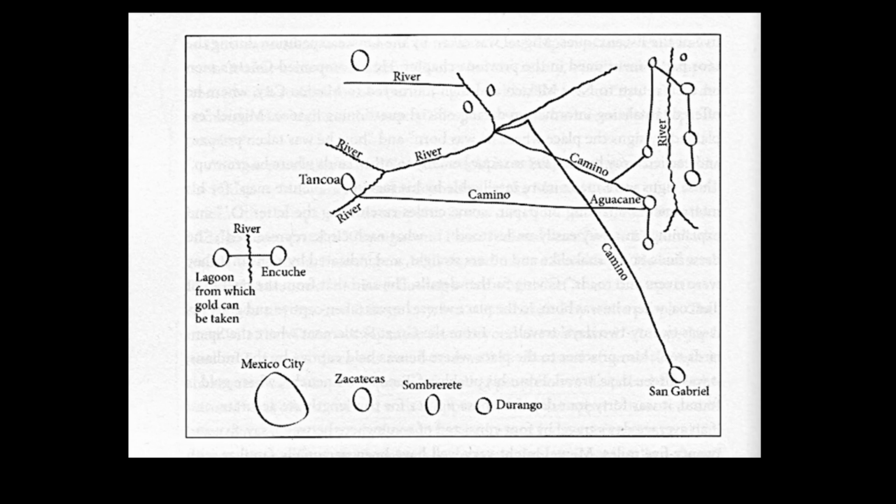But otherwise, the rest of the map is conveying the political relations between different native nations, and thus the sources for entry into native trading networks, and then also, of course, what the Spanish, at least, are hoping and believing will be the source for precious metals.